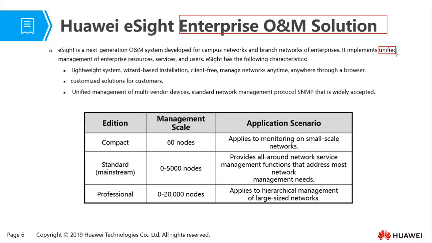It implements unified management of enterprise resources, services, and also users. So some of the characteristics of eSight: it's a lightweight system, wizard-based installation. So we're going to go through the installation.